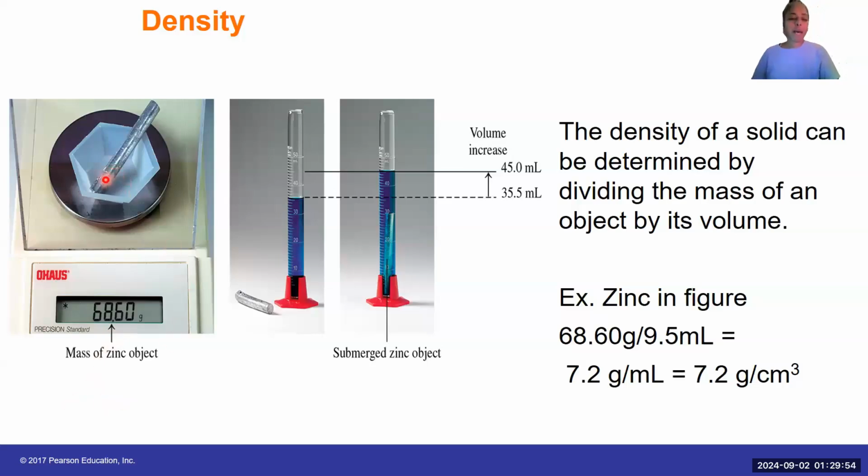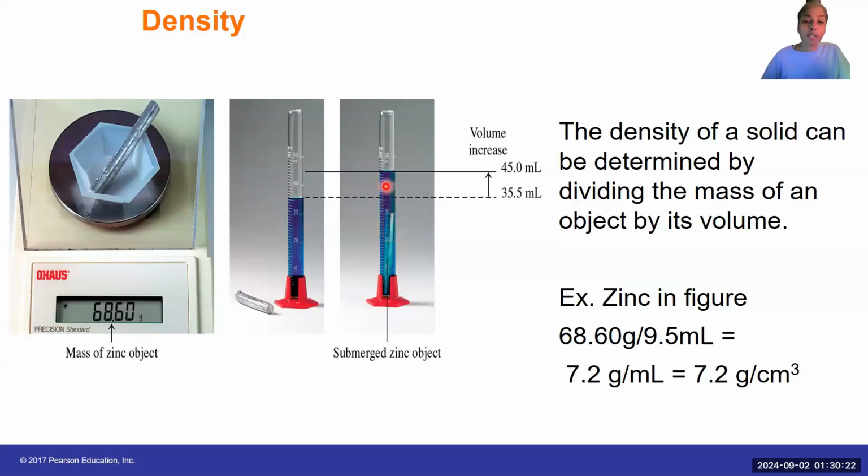So we would take the mass of this substance, we would get a graduated cylinder that has a known volume. We would read this volume, it's 35.5 milliliters, and then we would add that item into the graduated cylinder carefully. Notice that the volume in the graduated cylinder is displaced by adding the substance, and displacement means that it moves out of the way.